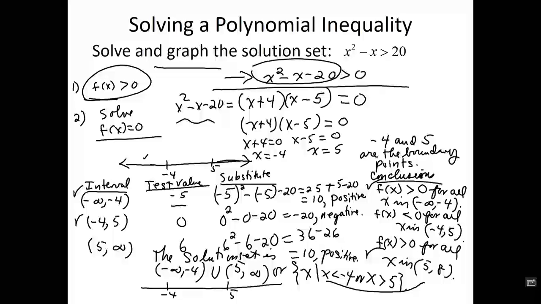The set of all real numbers less than negative 4 would be here, and everything to the left of negative 4. And the set of all real numbers greater than 5, and everything to the right of 5.